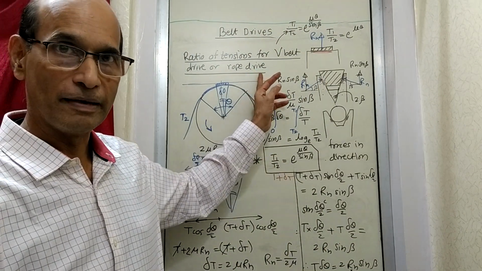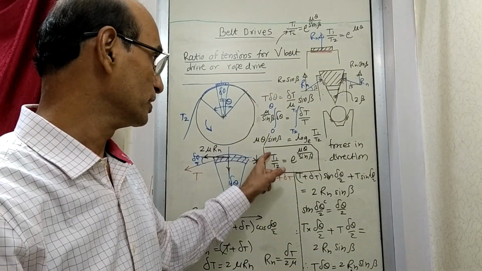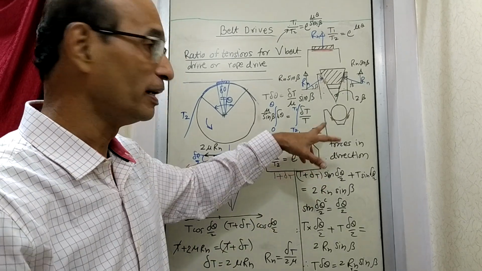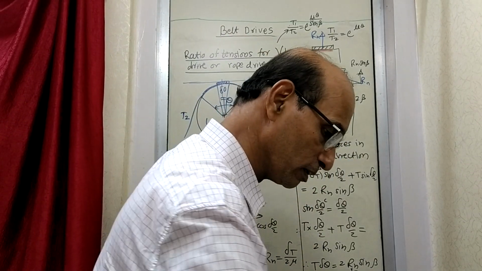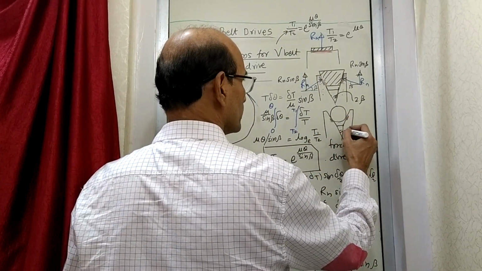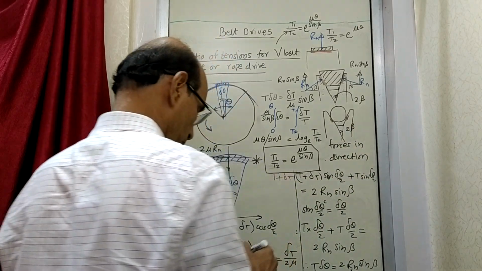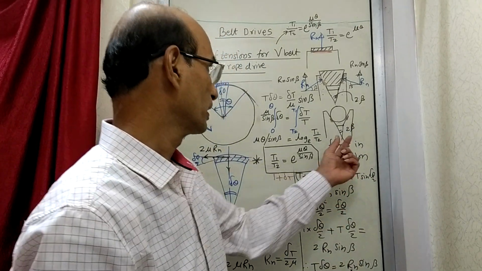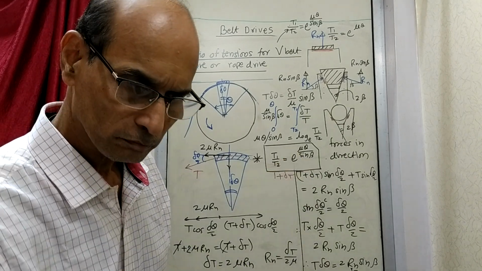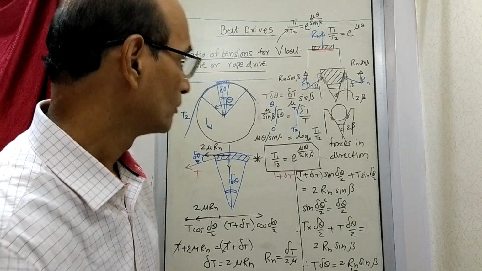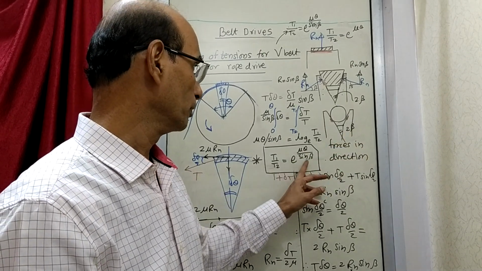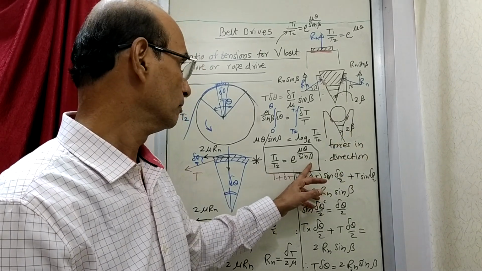For the V-belt drive, by all this what we get is the ratio of tensions is e raised to mu theta upon sin beta, and this is very interesting. Suppose now see the angle, which is the angle beta? See, this is 2 beta. So we are taking half of that. So this angle is 2 beta, and in the formula it comes like this.